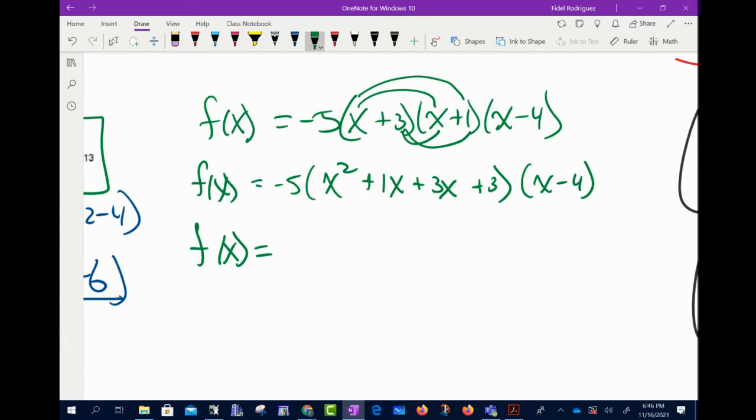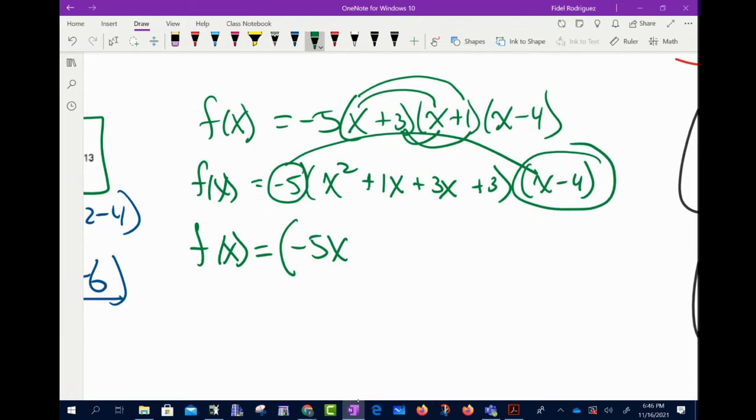Because when we're multiplying, which number we multiply first, second, or third really doesn't make any difference, I'm going to take this negative 5 times this x minus 4. So I'm going to distribute that. That is going to give me a negative 5x and a plus 20.